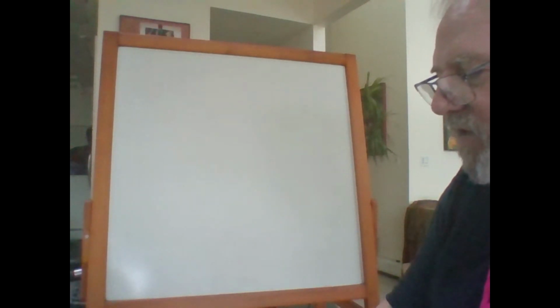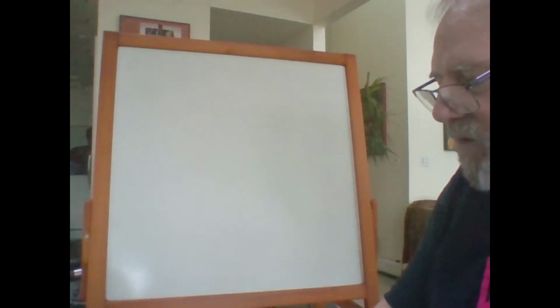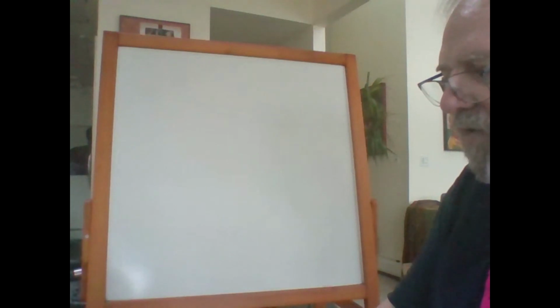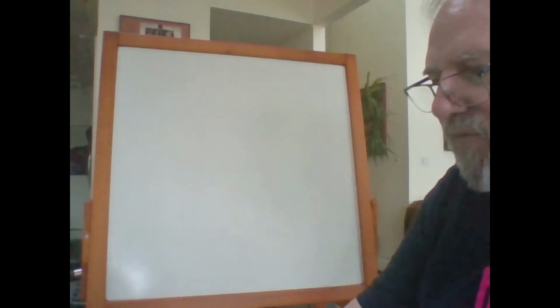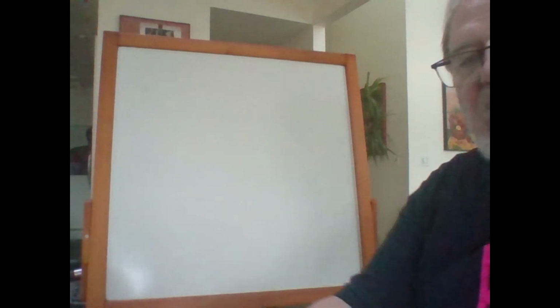We looked at the concept of the first derivative representing a velocity, the rate of change of the function over time. And the second derivative is the rate of change of the velocity over time, or whatever parameter you're measuring.